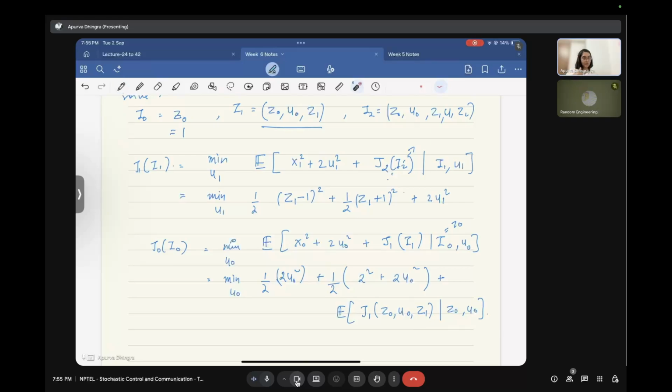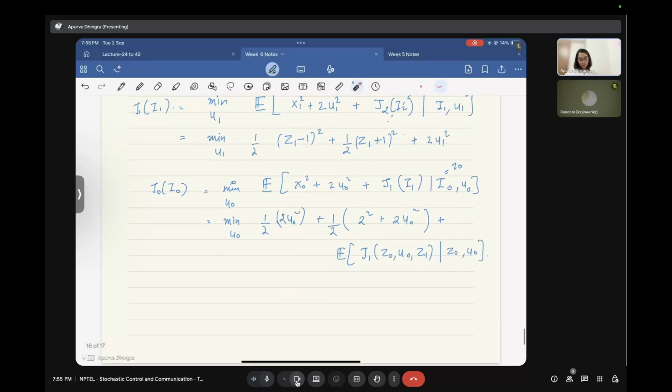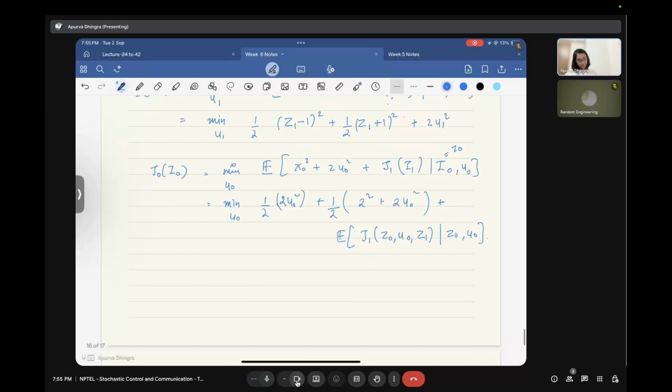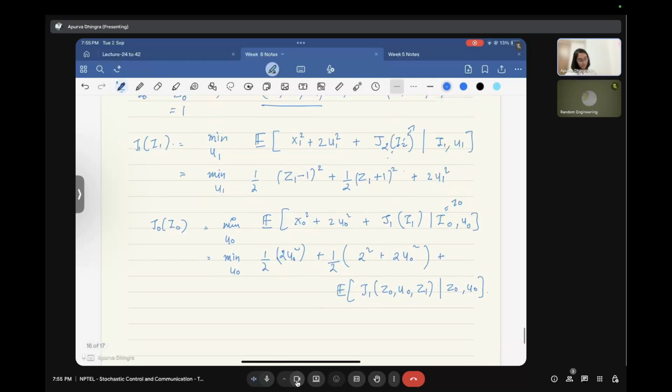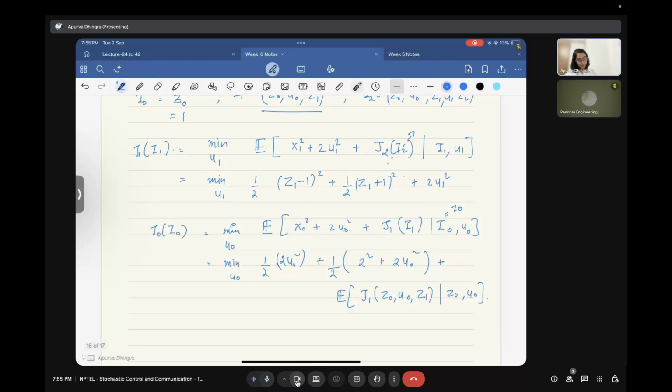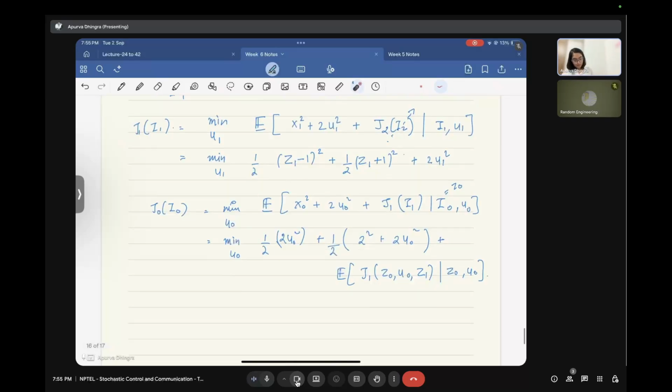So we'll have to consider those possibilities and take care of them. Those are the ones that will get included here, not the ones that depend on v0, but rather the ones that depend on v1. Okay. Now we need to finally solve for J1 of I1. Only then we can plug in the values and solve for J0 of I0. So let's try that.